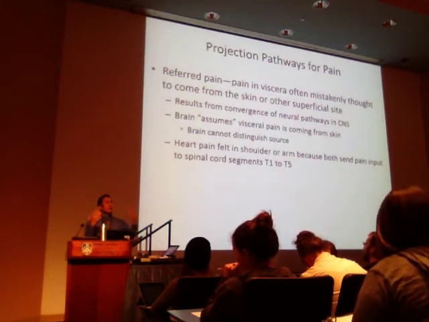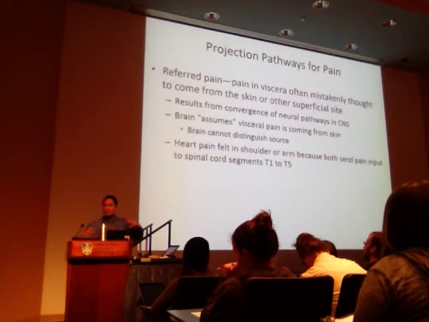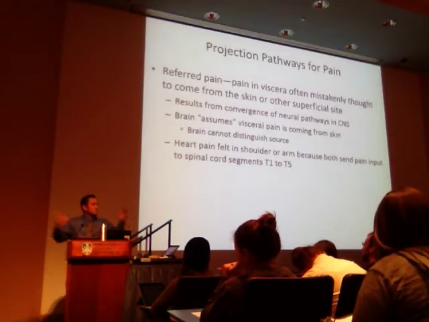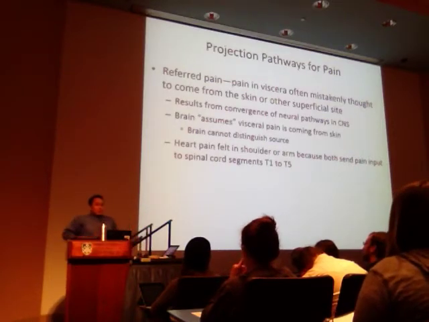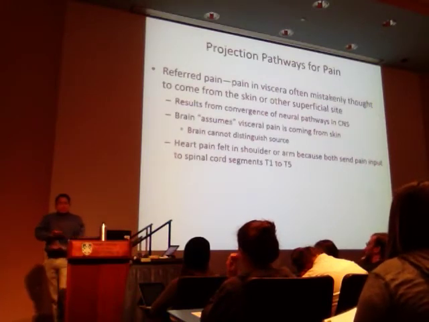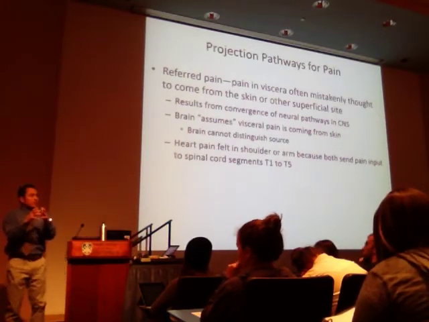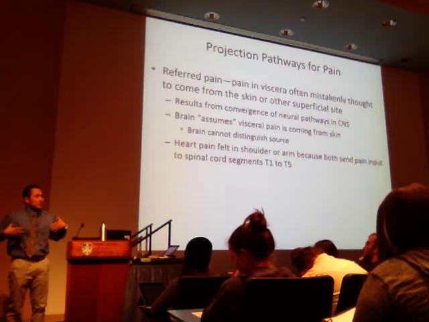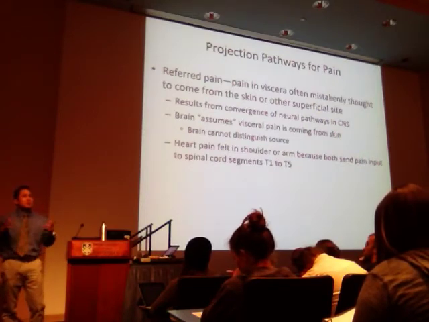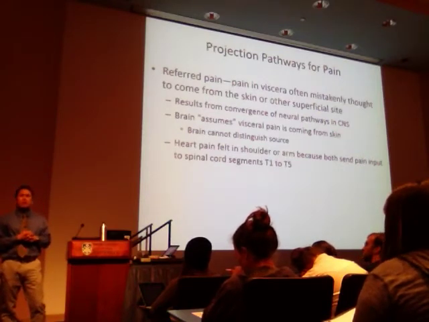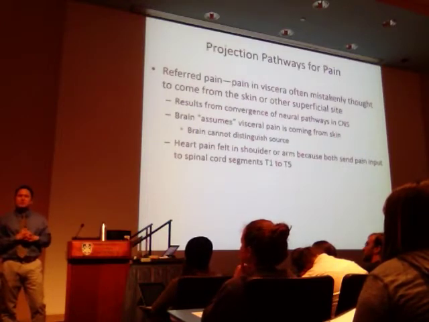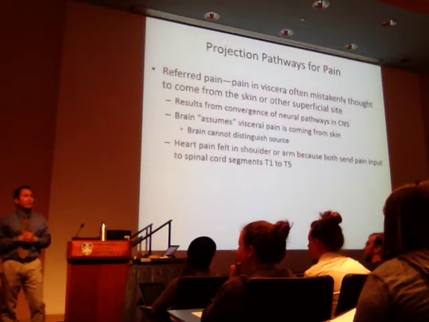And the map of the body had a really large hand, a big face, right? Smaller shoulder. Well, the area that designates the viscera is a smaller area, so if you're getting information coming from the viscera, you're unlikely to say, my common bile duct is a little achy right now.